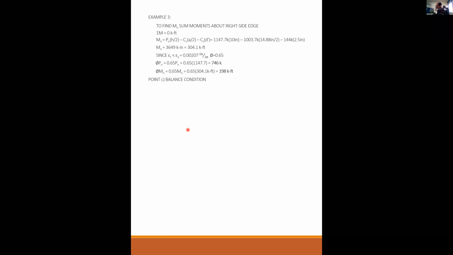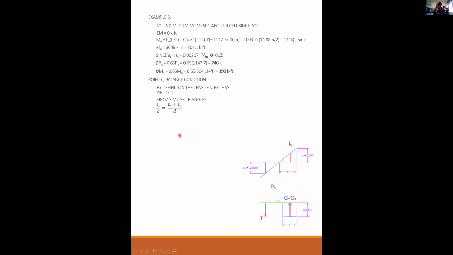So by definition, that steel is exactly at yield. So the tensile steel has yielded, and from similar triangles we can find what c is equal to.